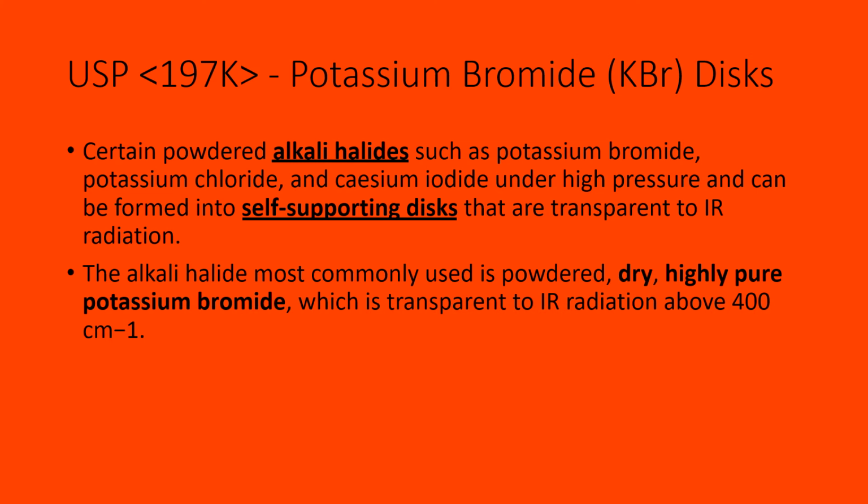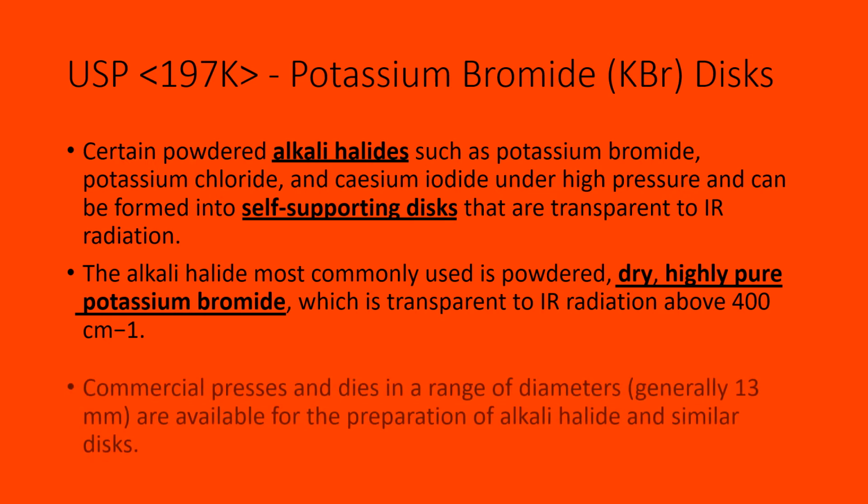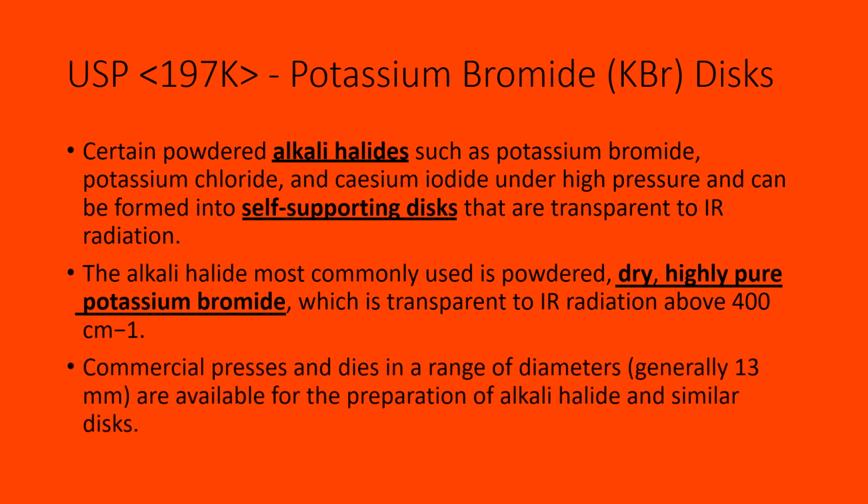The alkali halide most commonly used is powdered, dry, high purity potassium bromide, which is transparent to IR radiation above 400 cm⁻¹. Commercial presses and dies in a range of diameters, generally 13 mm, are available for the preparation of alkali halide and similar discs.